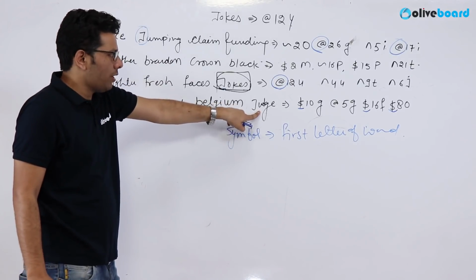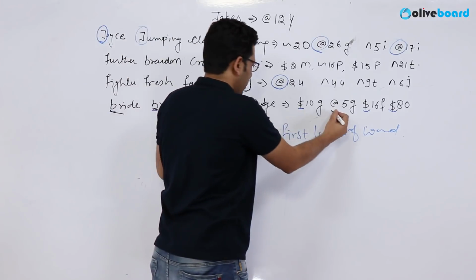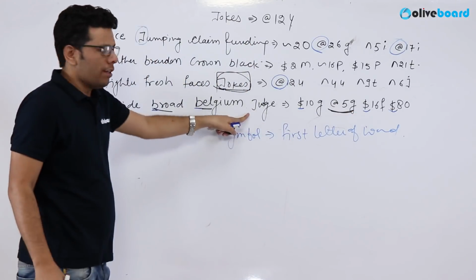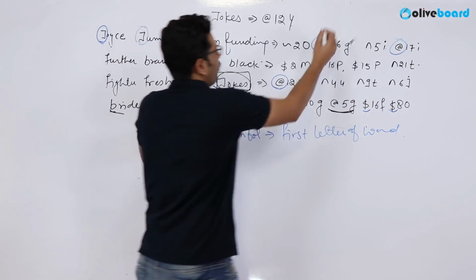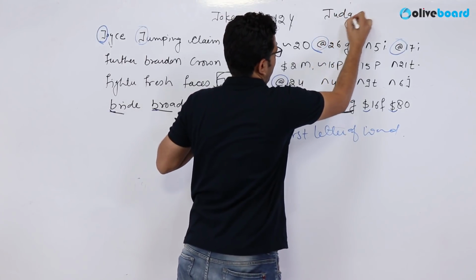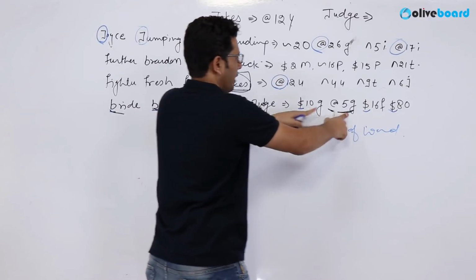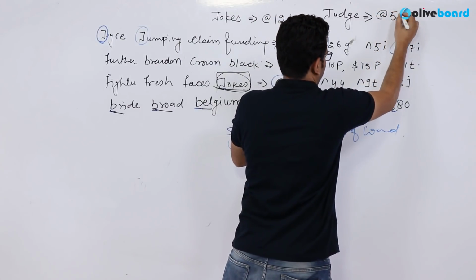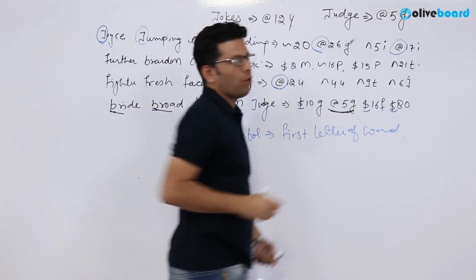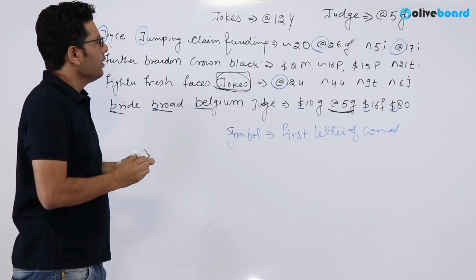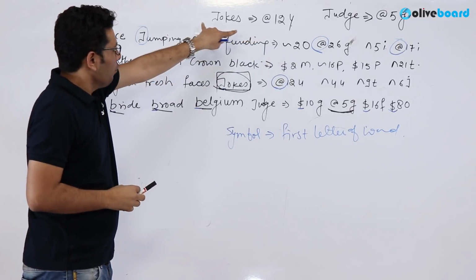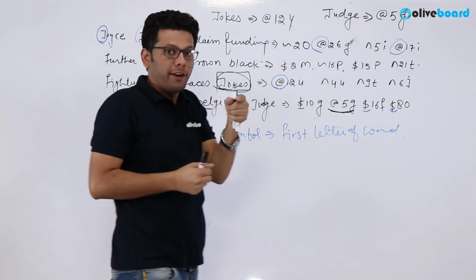What will be the code for the judge? Judge would be this one. So judge का code क्या मिल जाएगा हमें? At the rate 5G. Okay, at the rate 5G. Getting my point? So this is the way how we can define the final code.